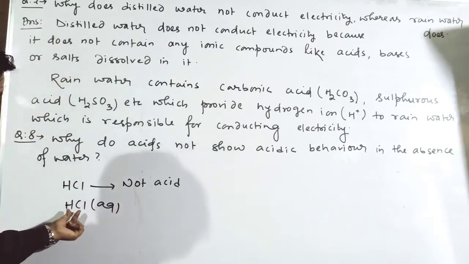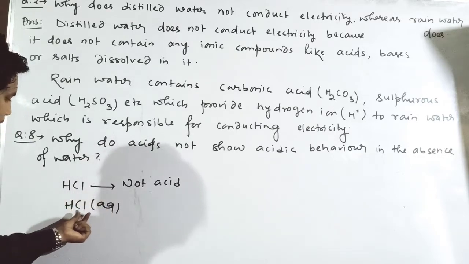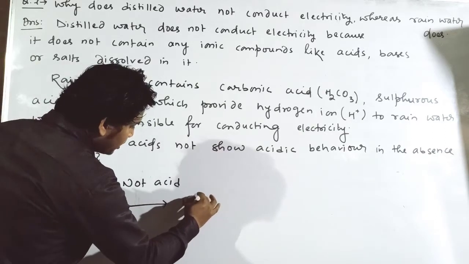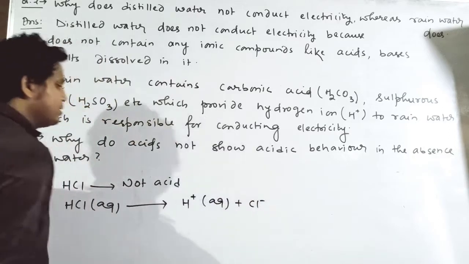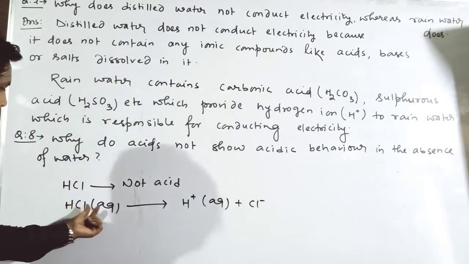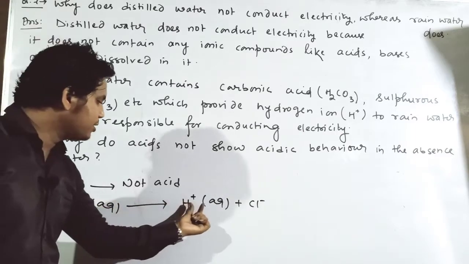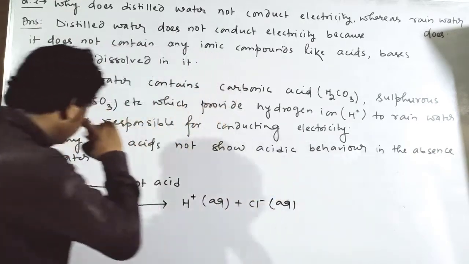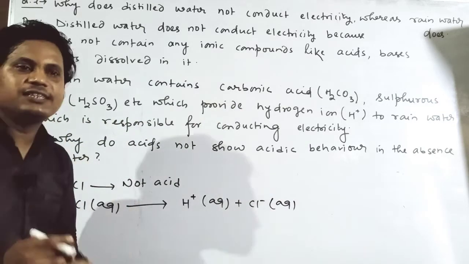But if you dissolve HCl in water, HCl will break into H plus ion and Cl minus ion. Then it will be acid. So water is required.